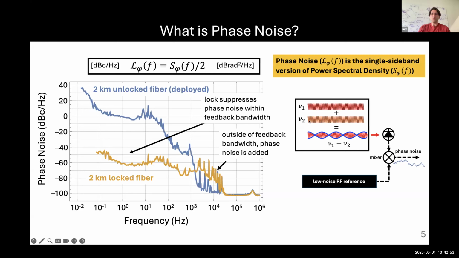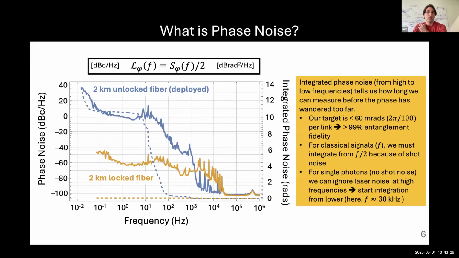So we interfere two laser beams that have this noise that we're interested in, and that creates a heterodyne beat note. We detect that on a photodetector and compare it to some other low noise reference. This is really how we generate the phase noise, and then find the FFT and the power spectral density of that time trace. So that's what we're doing to generate these plots.